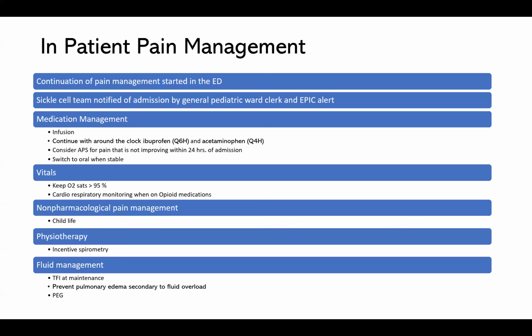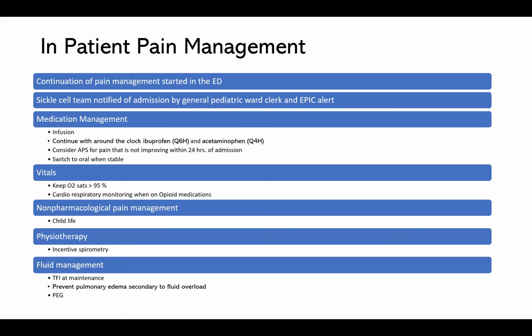The reason for this is that with them not moving enough air in and out of their lungs from these pain crises, it can actually turn into something called an acute chest crisis. So we definitely want to avoid that. So when it comes to even basic pain management, incentive spirometry is super important to help prevent our patients from becoming even sicker.